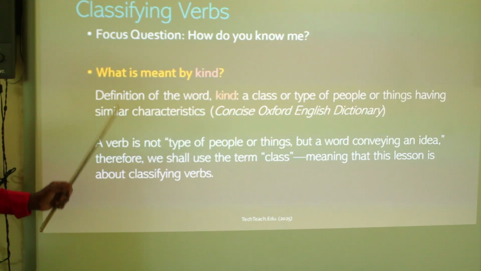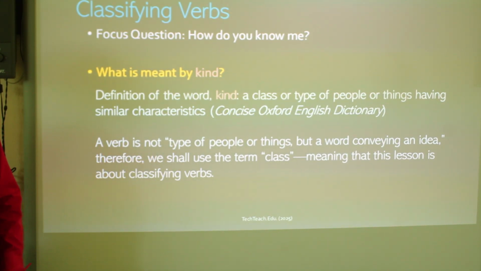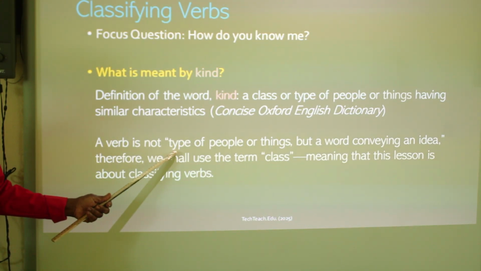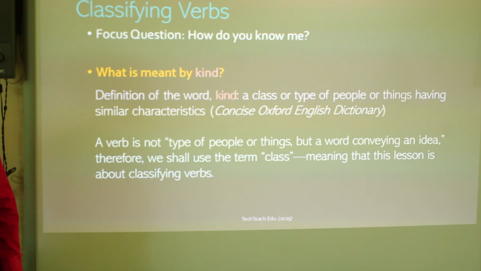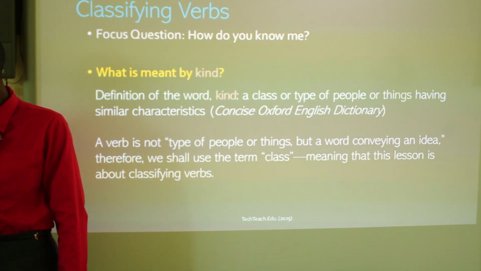The definition of the word kind means a class or type of people or things having similar characteristics. So a verb is not a type of people or things, but a word conveying an idea. Therefore, we shall use the term class, meaning that this lesson is about classifying verbs.